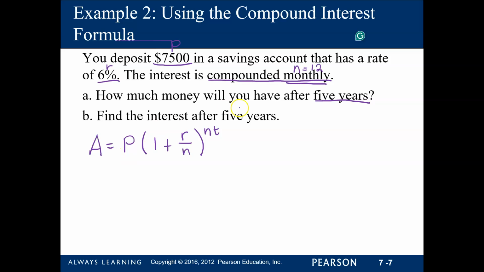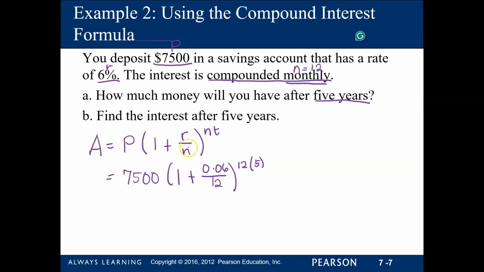All right, so we replace our values. Our deposit is 7,500 times (1 plus the r, which is 0.06, over the n, which is 12 because it's monthly), okay? So 12 is going to be multiplied by 5 years, okay? So that's as simple as that, okay?